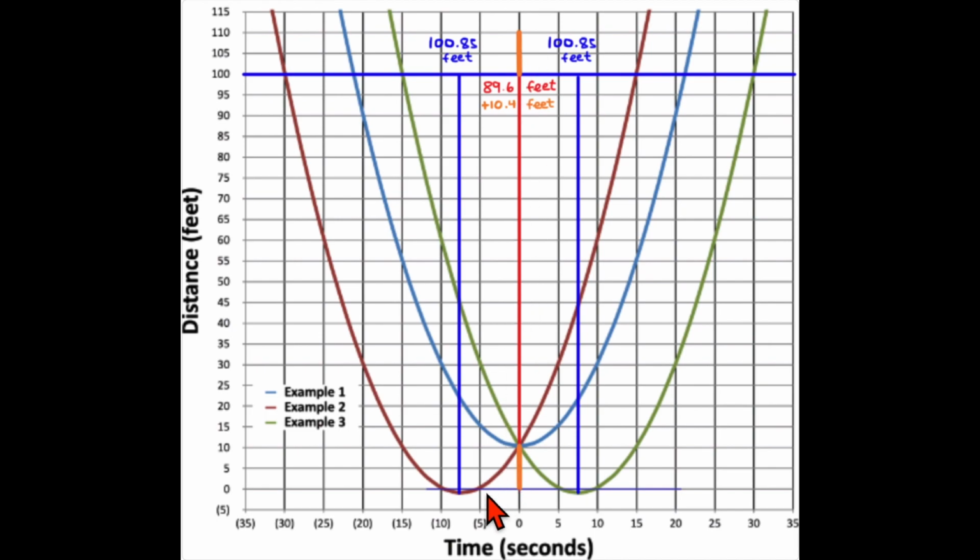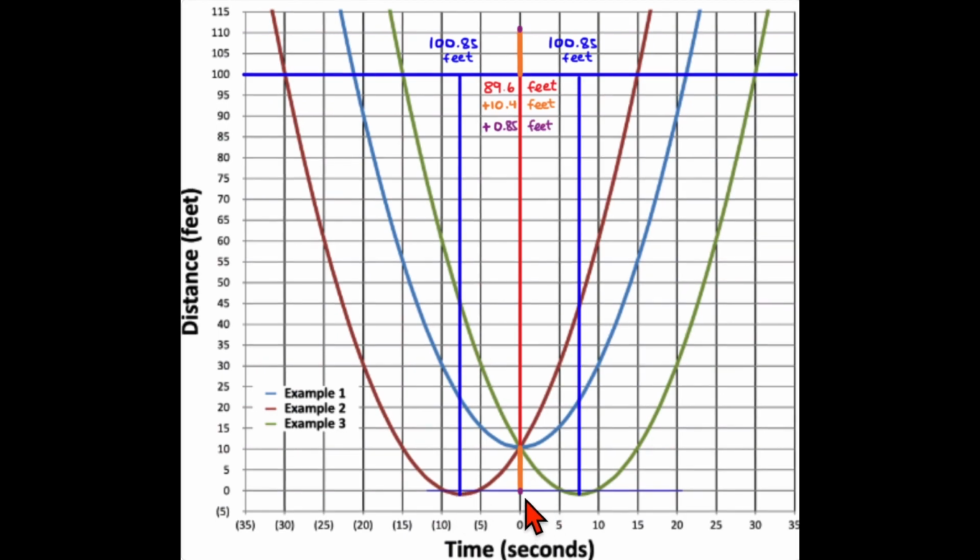But then you have to add another 85 hundredths of a foot. You have to add this little piece right here, because remember, it goes past point 0 by 85 hundredths of a foot. So you have to add that to this distance. So this is 85 hundredths of a foot. You add that up here. So this total distance from point 0 for body 1 is 89 6/10 feet plus 10 4/10 feet plus 85 hundredths of a foot.